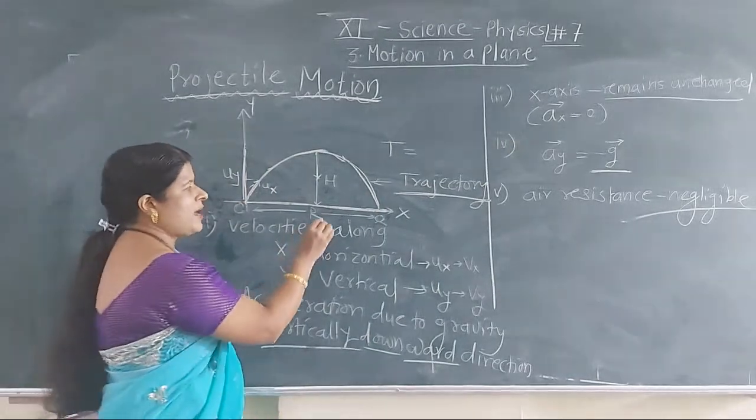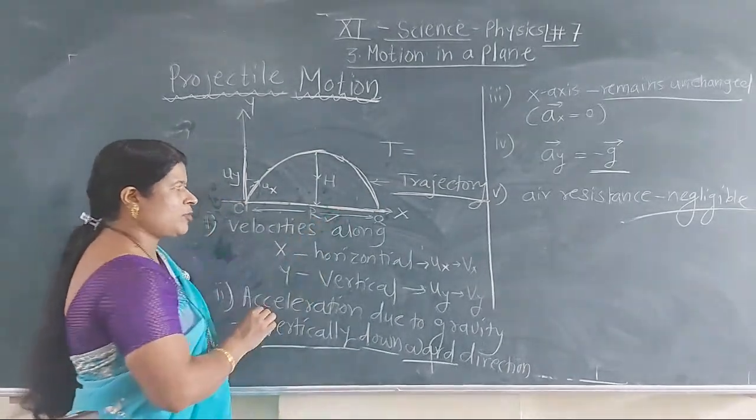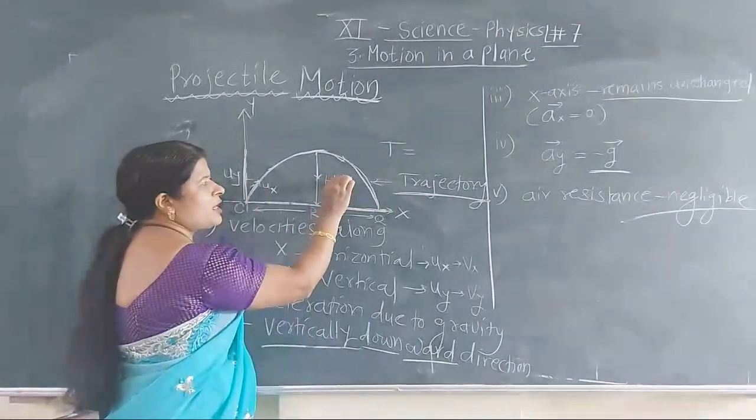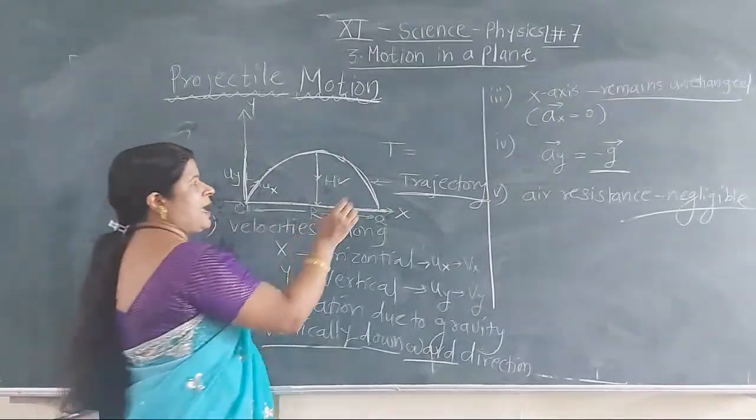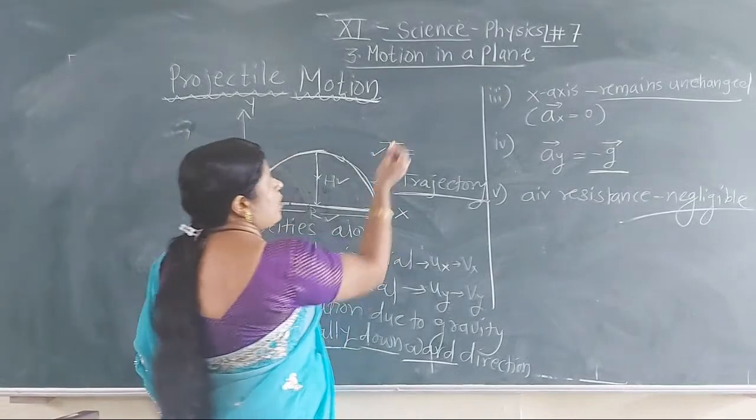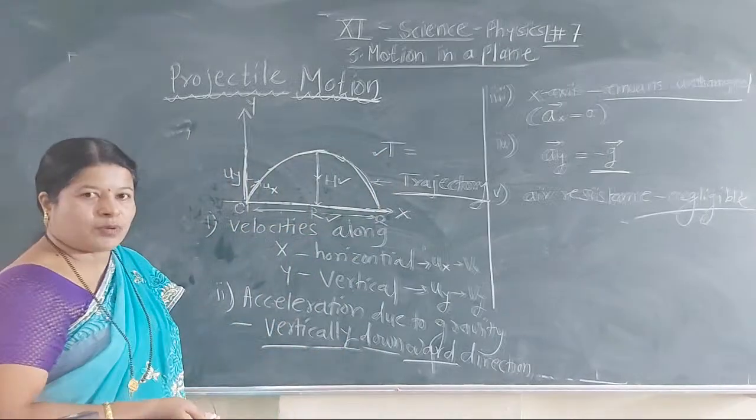So we have to find the equation for the range of a projectile, the equation for the height of a projectile, and the equation for the trajectory of a projectile.